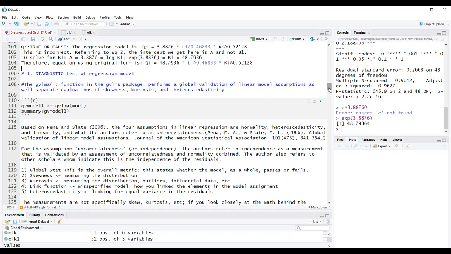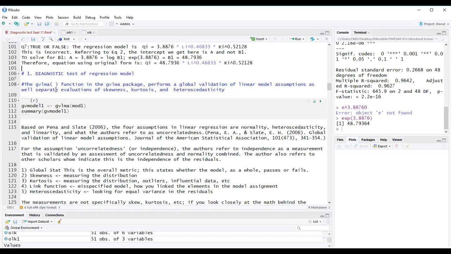In fact, hindi siya kasama as part of the classical linear regression model. Next, outliers. Dapat wala mga outliers. Kung meron man, dapat hindi siya influential. Also, dapat random yung pag-sampling ng observation points natin.